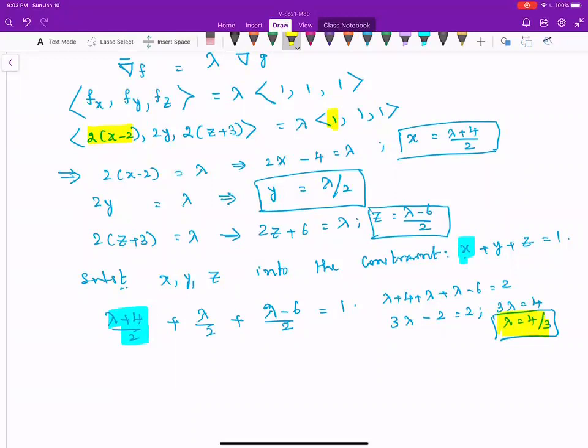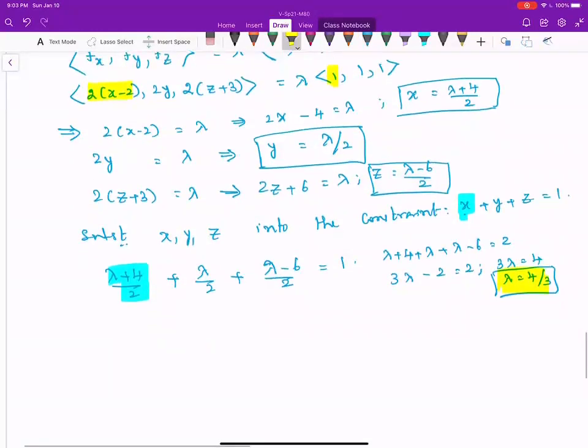Then from here, we can actually get the values of x, y, and z. So substituting this value of lambda over here, we can get the values of x, y, z. If I have to give you one example, substituting lambda in x, which is lambda plus 4 divided by 2, we substitute lambda equal to 4 by 3 plus 4 divided by 2. So that will be 12 plus 4, 16 divided by 3 times 2.